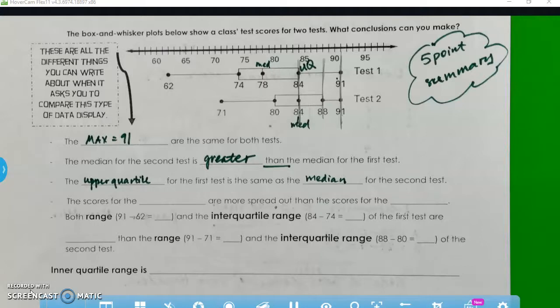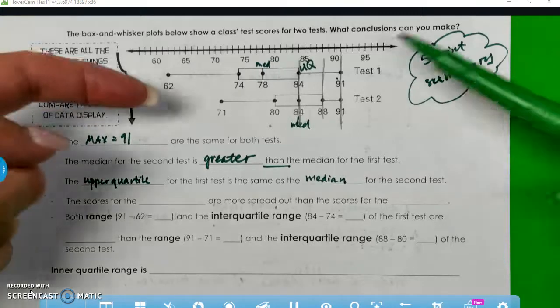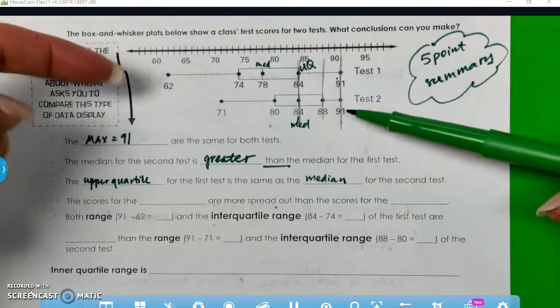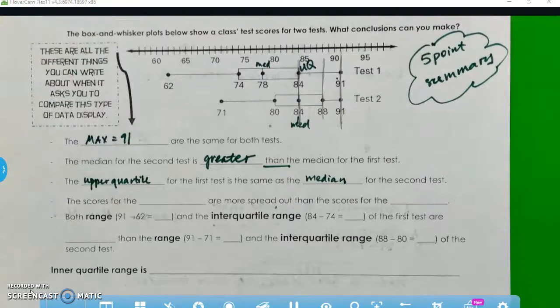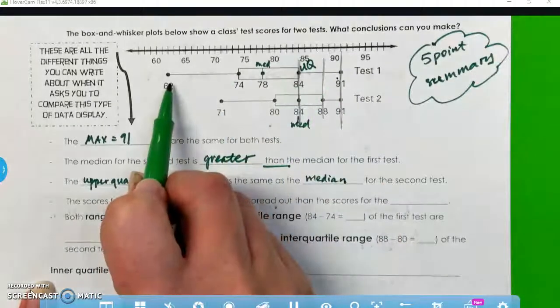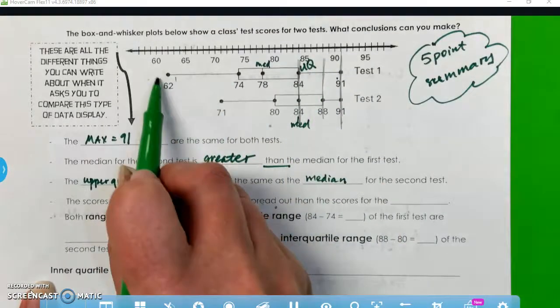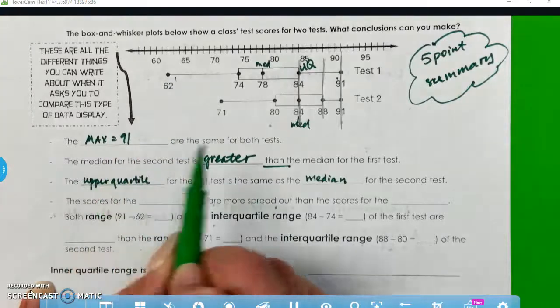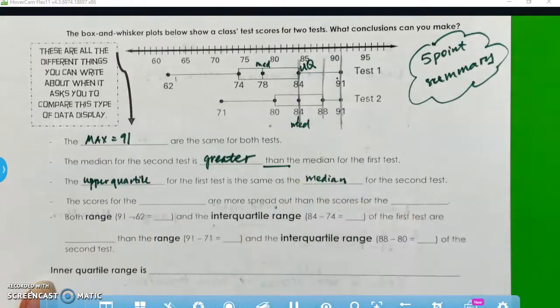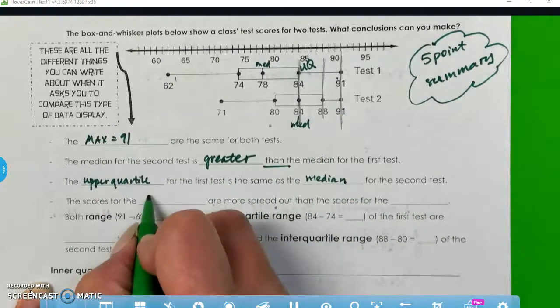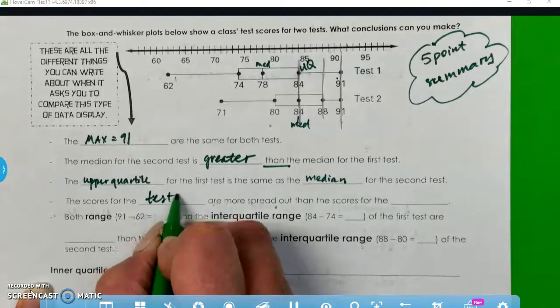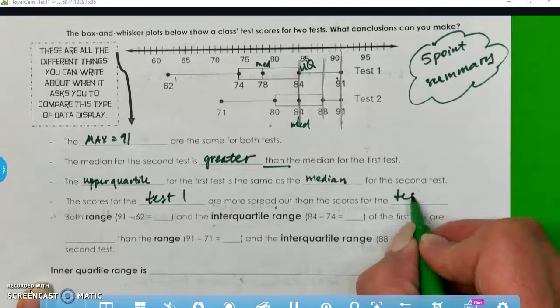So yes, longer graphs do represent a wider spread because they sit on the same number line. You definitely can see that test 1 had a greater variety of grades. They had some grades in the 60s, whereas test 2 did not have any grades in the 60s. So we'd say the scores for test 1 are more spread out than test 2.